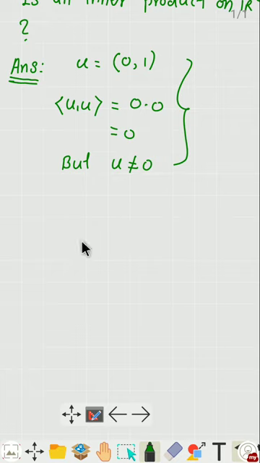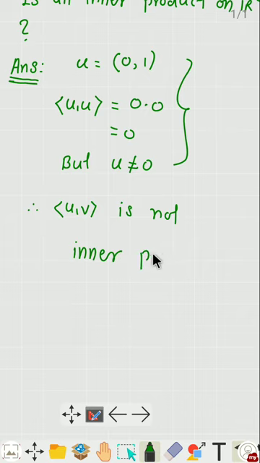So the fourth condition is not true, therefore the defined product of u with v is not an inner product on R2.